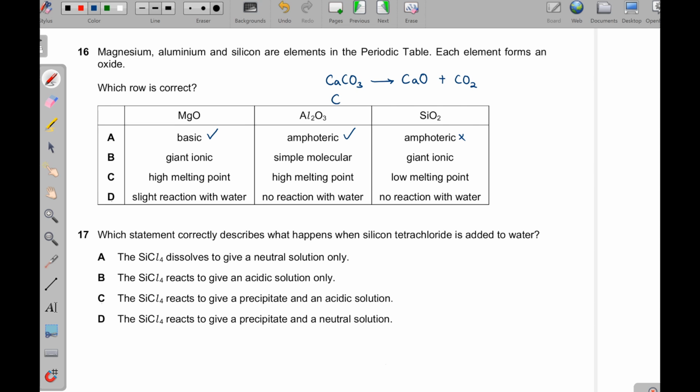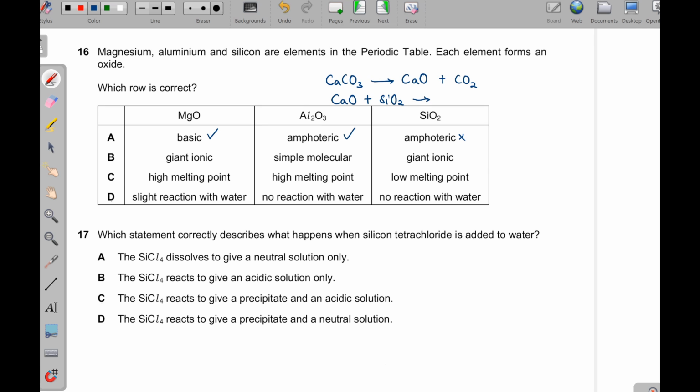Then this calcium oxide here reacts with the impurity in the iron 3 oxide. The impurity is actually silicon 4 oxide. Now remember, calcium oxide is basic because when you dissolve it in water, you get calcium hydroxide, which is an alkali.